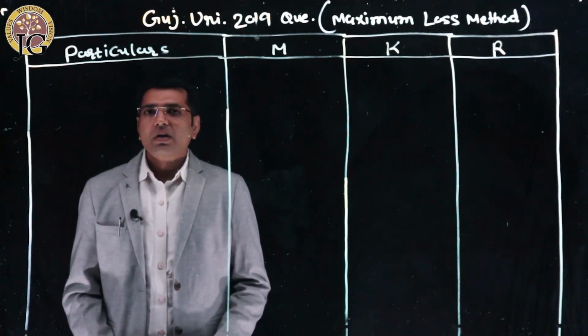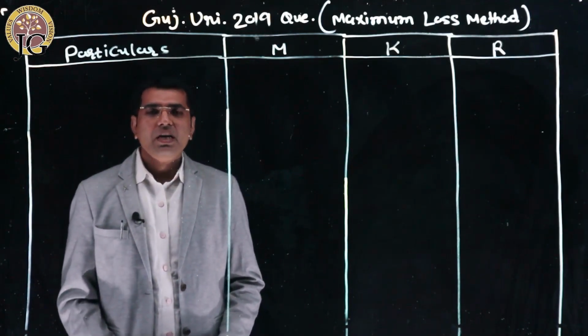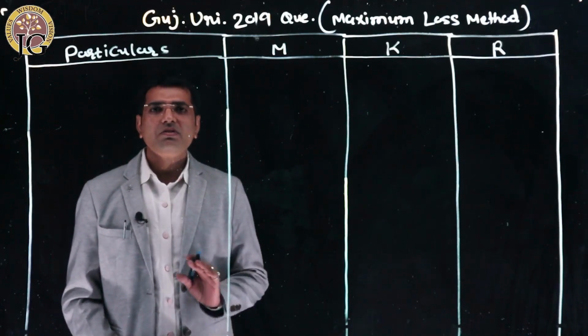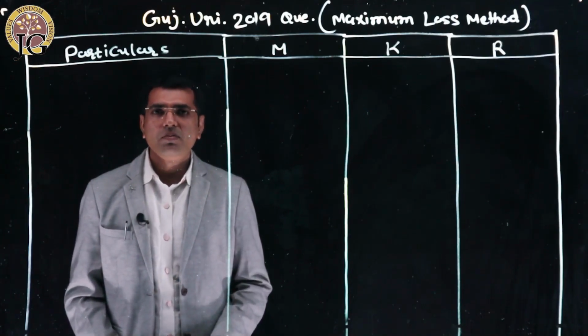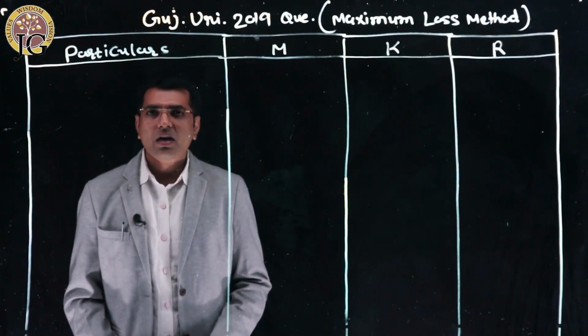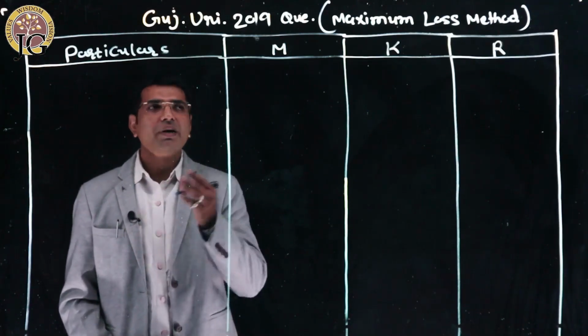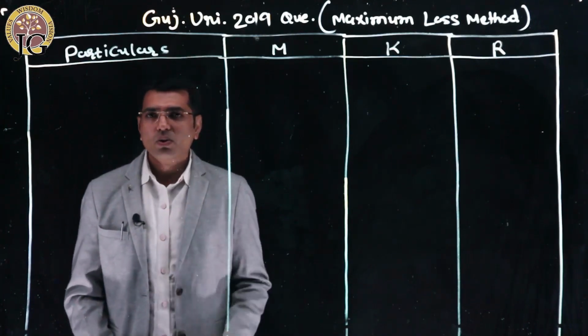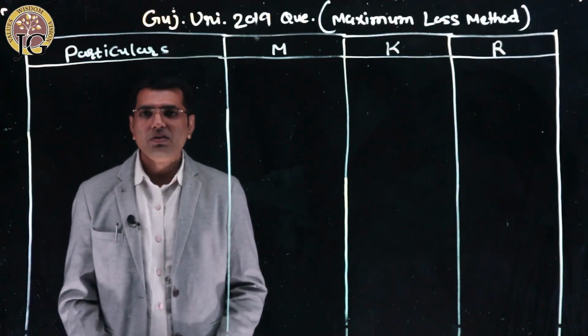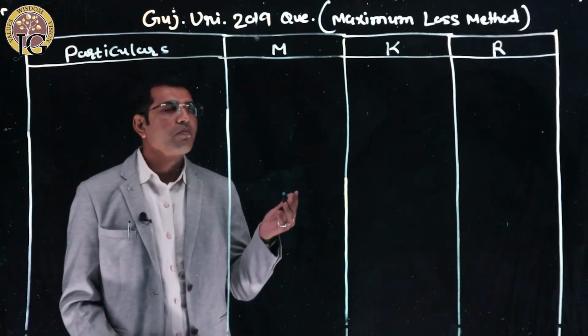In points to be remembered, I already told you that in maximum loss method, there are no steps required to solve the sum. We can directly make a statement of piecemeal distribution of cash. So I am ready with my statement. You can also draw the statement like this.